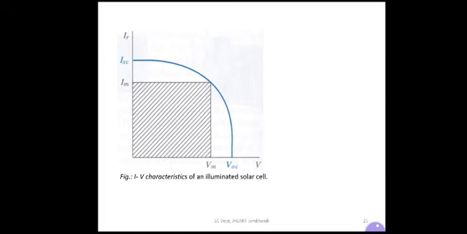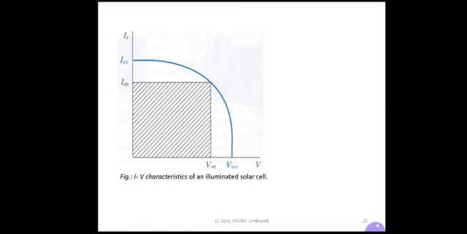As per the figure, the maximum power is the rectangle shaded. The shaded part in the figure is the maximum power delivered. This figure shows the fourth quadrant portion of the solar cell characteristics. Remember, it is a fourth quadrant, but just for the sake of convenience, the current is plotted in the upward direction.